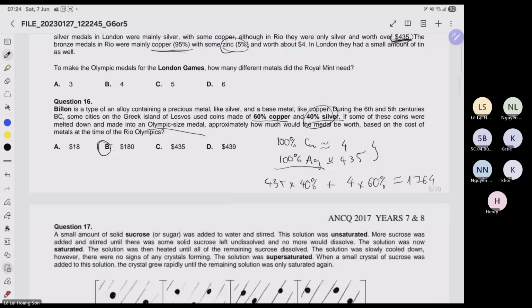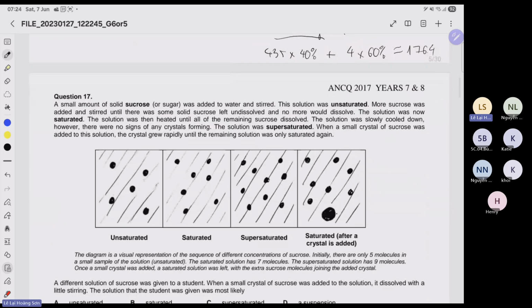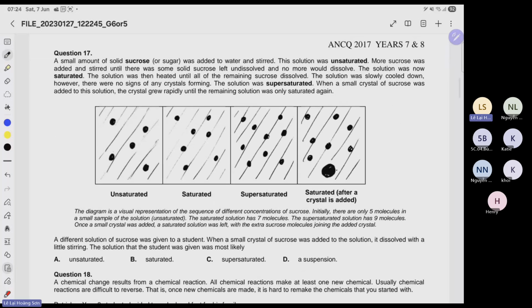Okay, moving on. Question number 17. We have the amount of sucrose. Sucrose is just like sugar. The solution is unsaturated. Unsaturated means you can dissolve more solute.